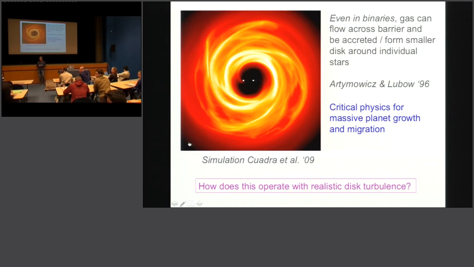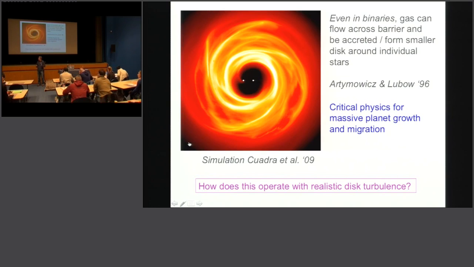The physical explanation of the viscosity is always related to the magnetic field? Yeah, so the question was, is the physical origin of the viscosity generally related to the magnetic fields? I would say in almost all accreting systems, the answer is very likely yes. The viscosity is due to magnetic turbulence.